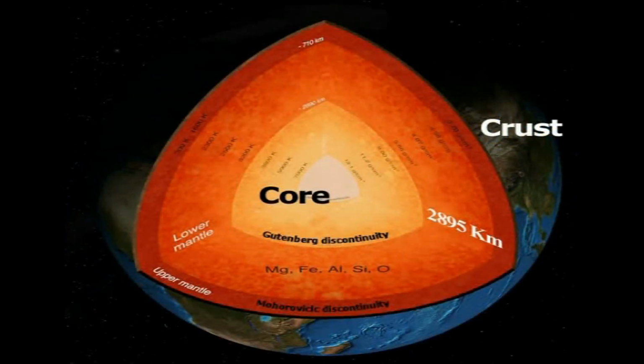It is estimated to be around 2,895 kilometers thick and composed of viscous mineral matter in a solid state. It lies between the Mohorovicic discontinuity on the upper side and the Gutenberg-Wiechert discontinuity towards the core.